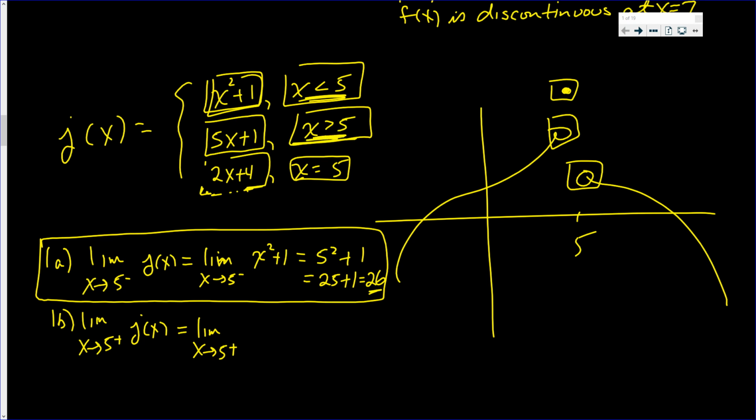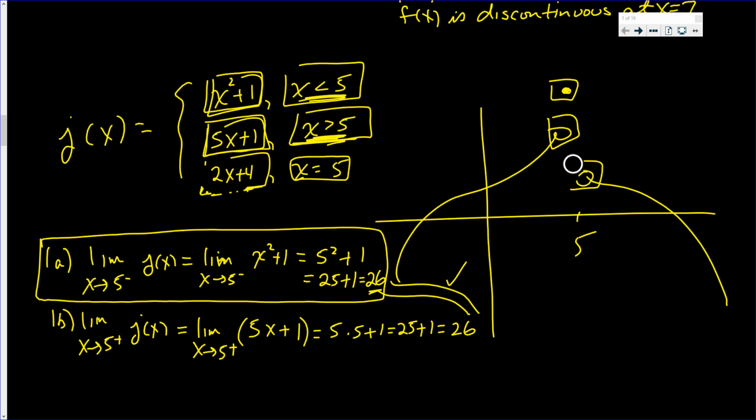If x is greater than 5, you use this rule, 5x plus 1. Ooh. So now we plug in 5 for x. 5 times 5 plus 1 is 25 plus 1. 26. They are equal. In terms of our graph, I do know that I can update one thing. This graph for x bigger than 5 comes right there. Okay?